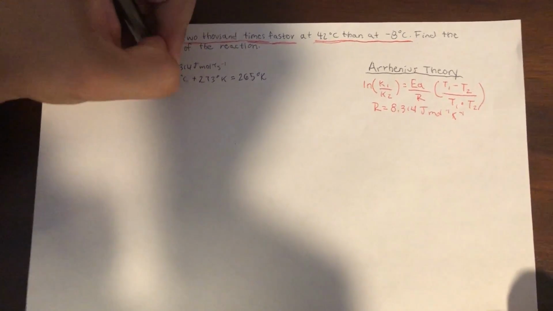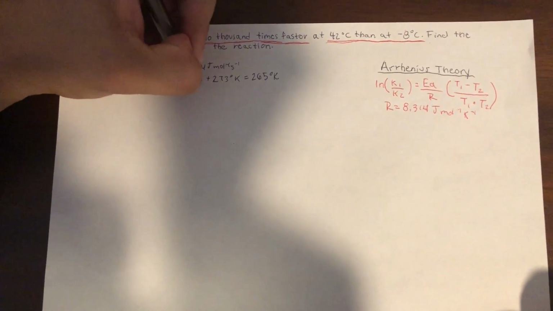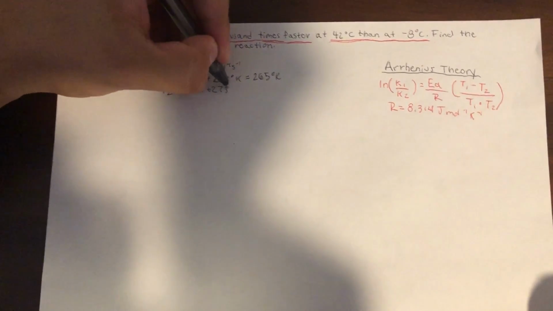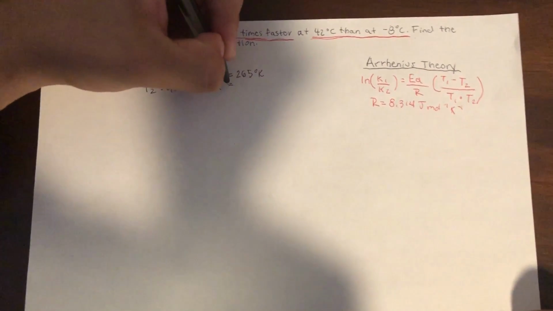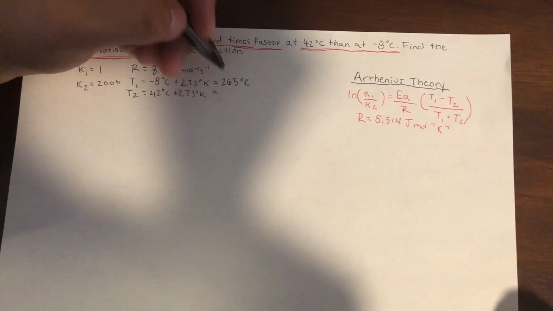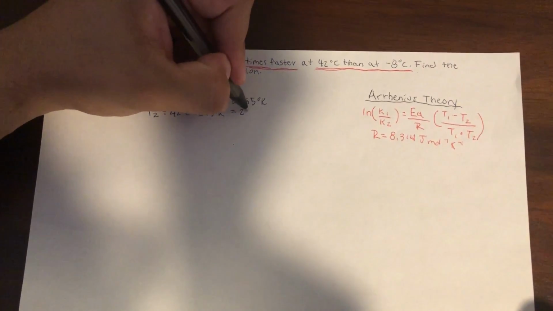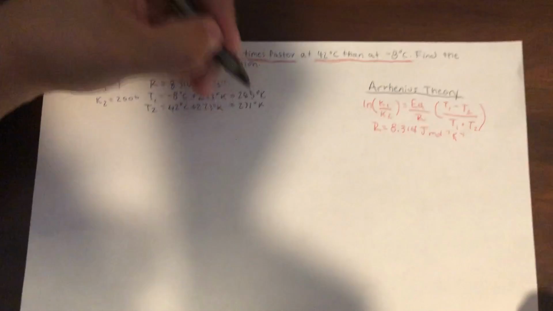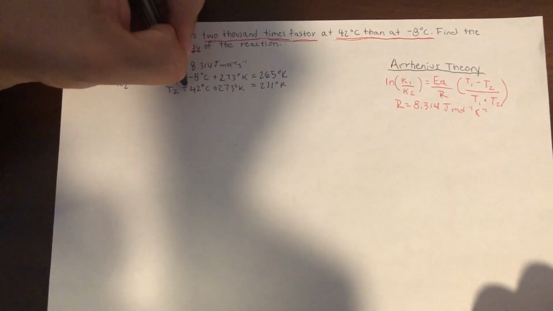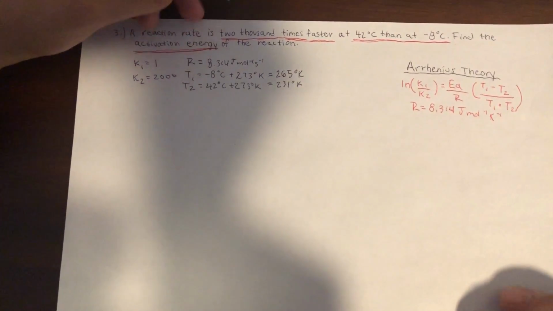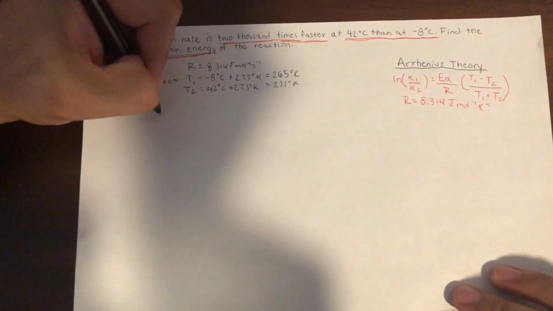T2 is going to be 42 degrees Celsius plus 273, and it's going to give you 231 degrees Kelvin. And that's because this is negative, so you just plug whatever you have in.